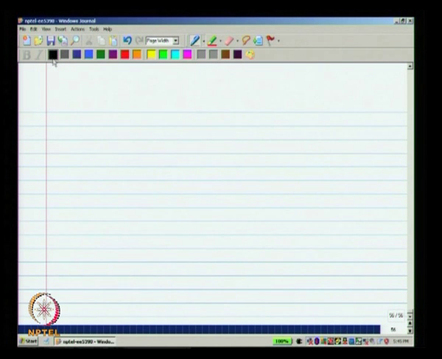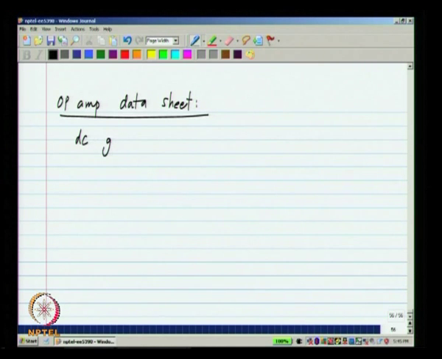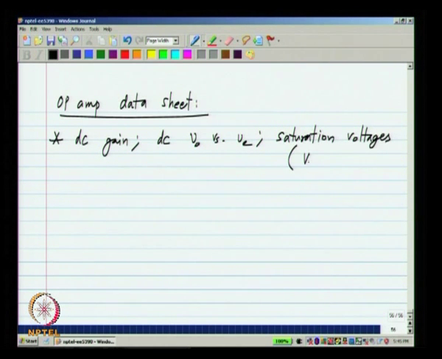So, when you look at an op amp data sheet, you can expect the DC gain, DC V naught versus VE. In our notation, VE is the input to the op amp, V naught is the output, and this will also include saturation voltages. And these are functions of the supply voltages that you use.